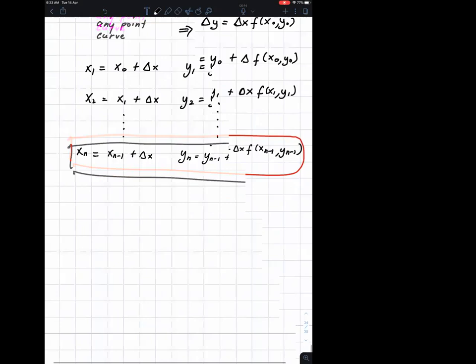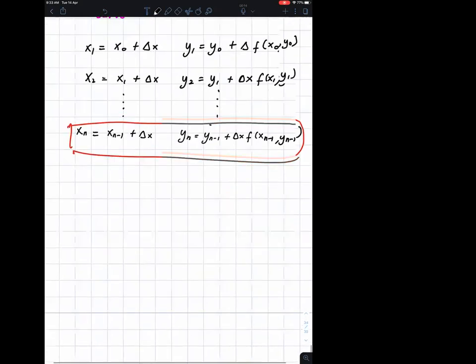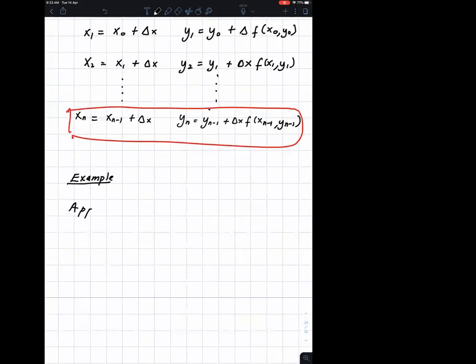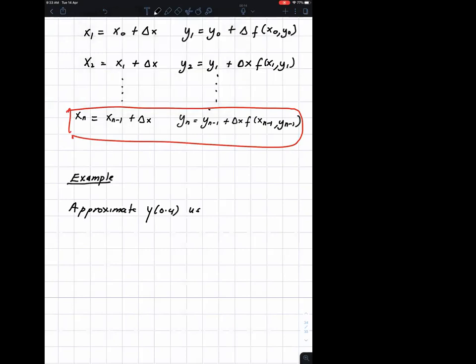Example: approximate the y point, given the x point 0.4, using Euler's method.